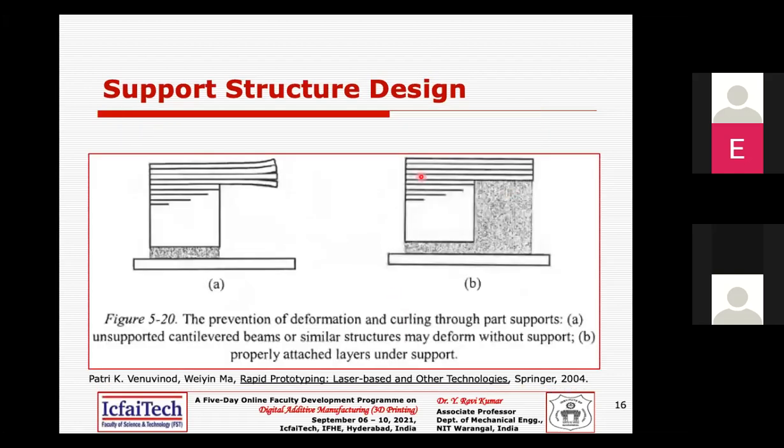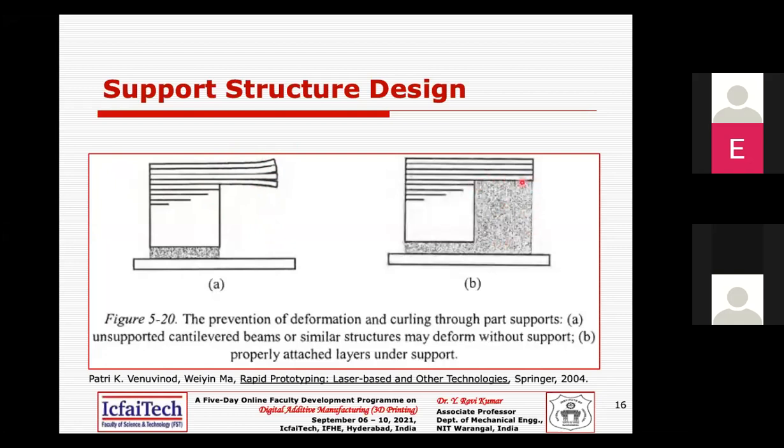And don't think the support structures are always bad for fabrication, but sometimes they solve certain problems. Say, for example, you are not given any support here, and we can see there is a peeling effect. This peeling effect can be eliminated by providing extra supports here.